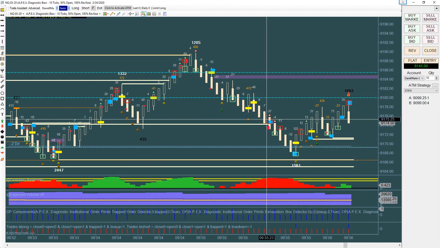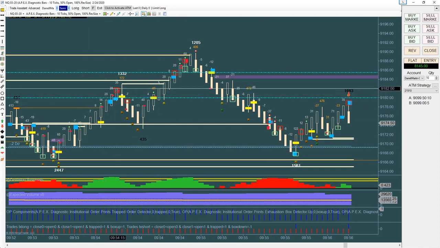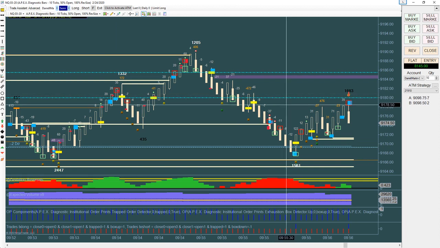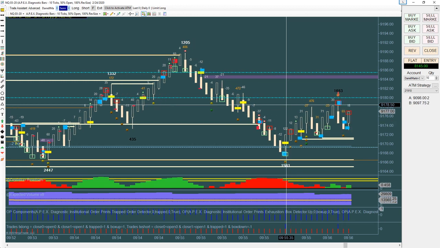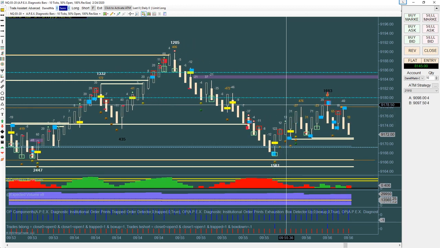Now we got a wall right here. And this, I just consider this like a little breakout of this range. Right here. So we got a wall. And it goes down. Okay, you see that? How we took the trade off the wall?